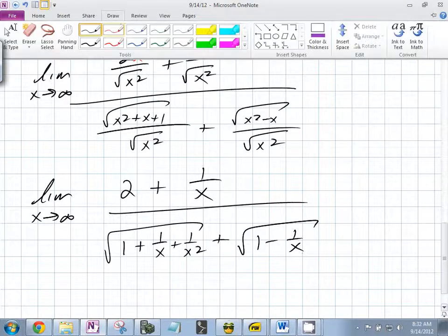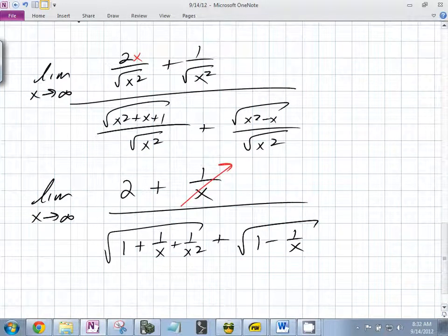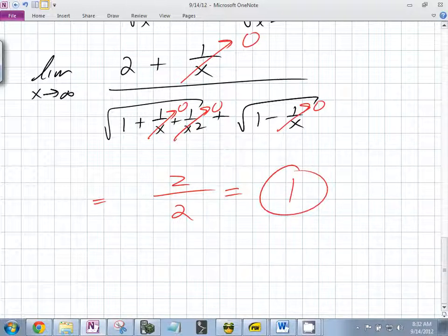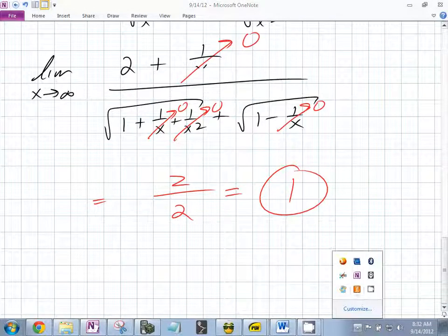Exactly. Now when you go to infinity, what does this go to? 0. So what does this come out to be? 2 over 2, which is 1. So we just proved that as it goes to infinity, it equals what? 1. Absolutely.